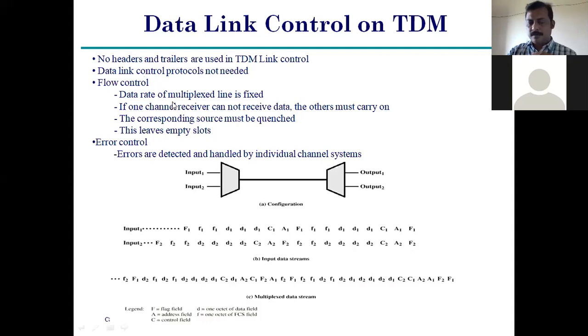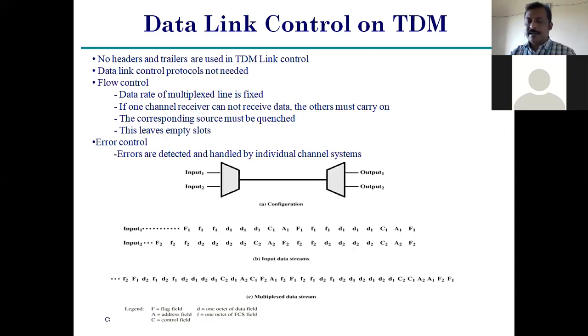Next, flow control. Flow control means a packet is sent by one user, the next packet by another user, and the next by another user. There are many users sending simultaneously to the same destination. The destination receives all the packets from different routes.